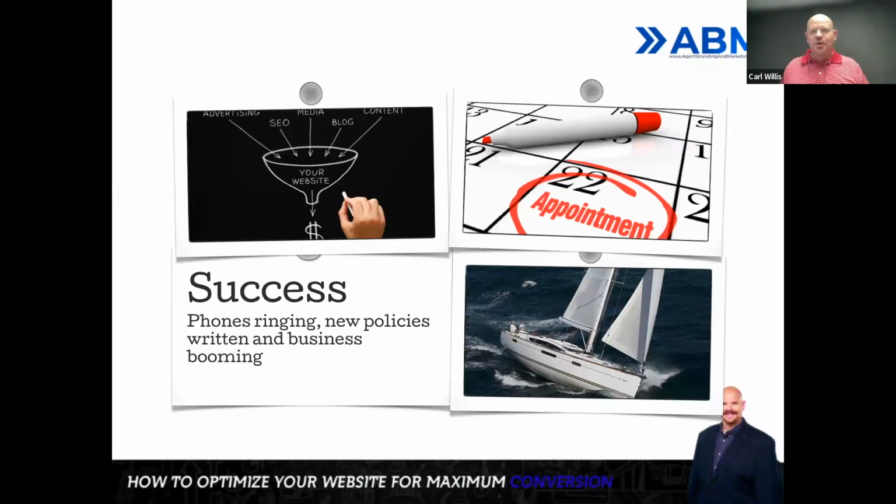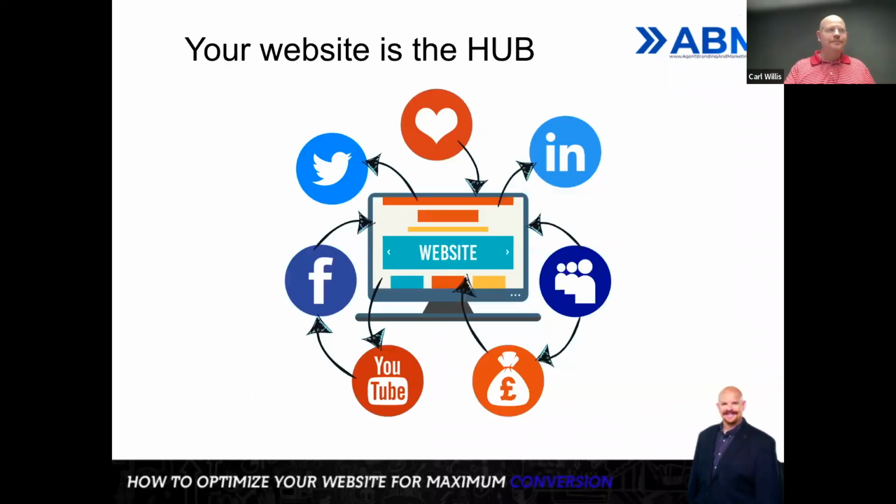Or in your case, Sue, you're writing more housing contracts, buying and selling. And so what we want to do is we want to see all of those things happening. Phones ringing, new business is being written, and your overall numbers are improving month after month, year after year.